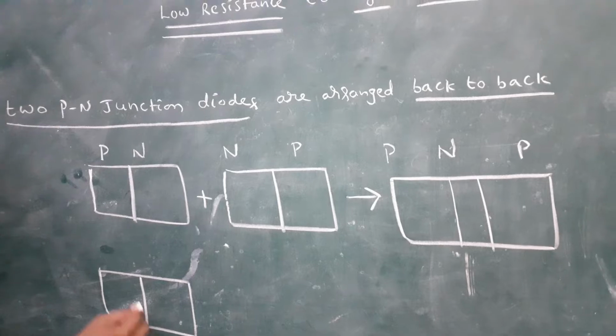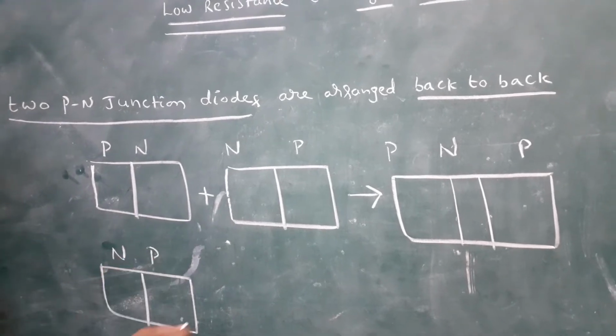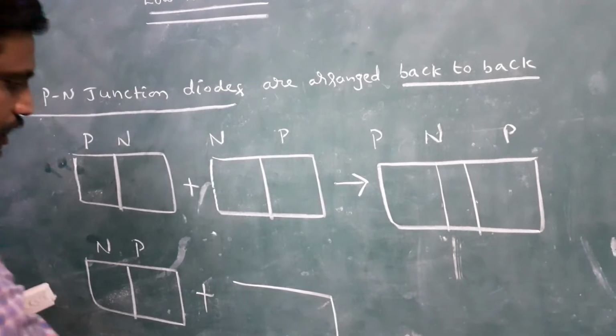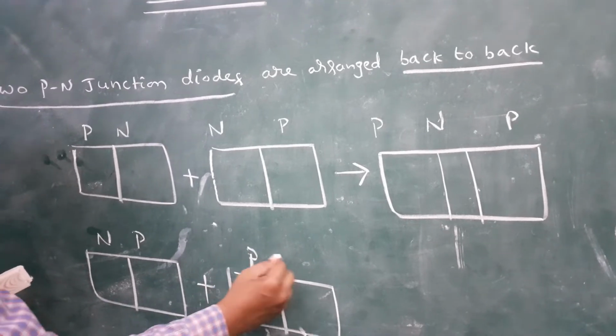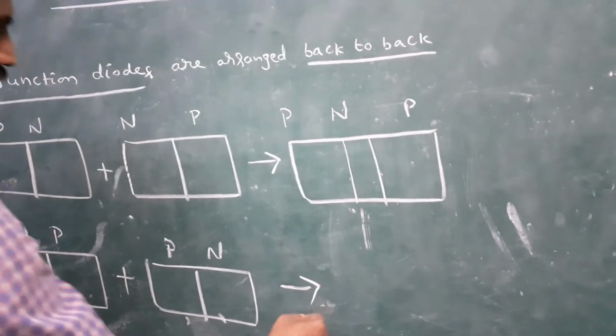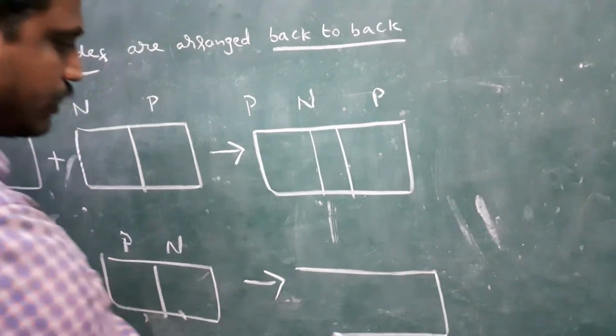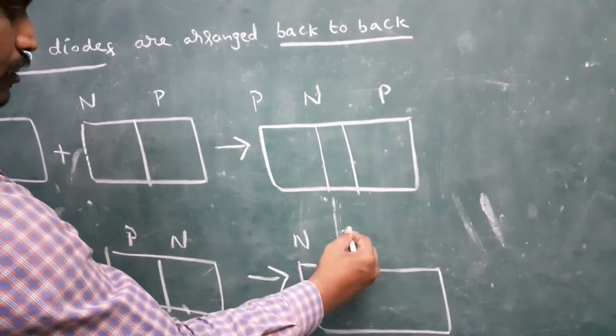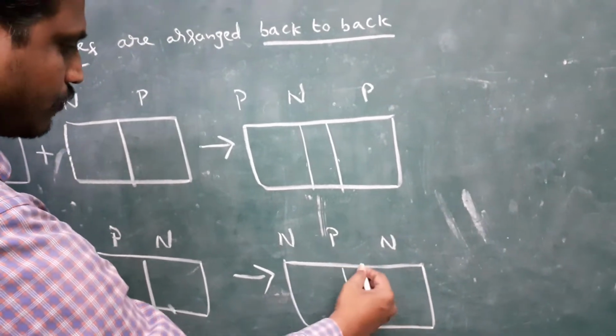Another transistor is here: N, P plus P, N. Both are added together. Here, look, N, P, N. Okay?